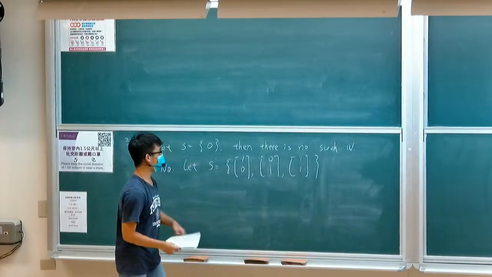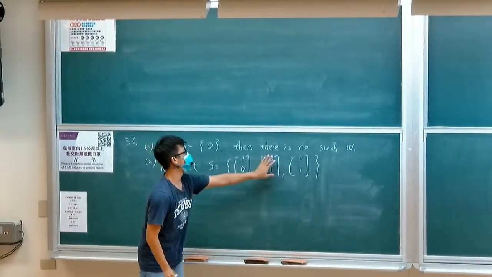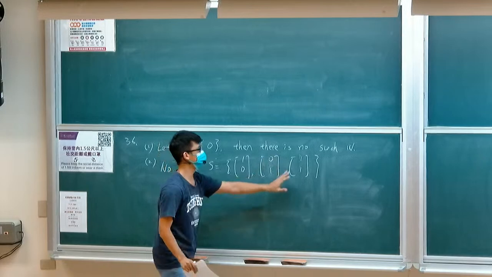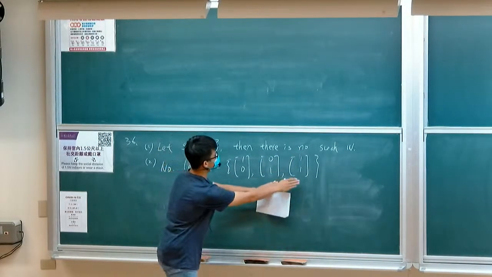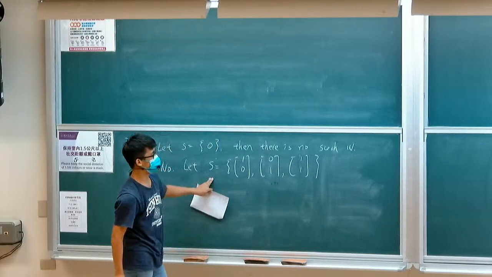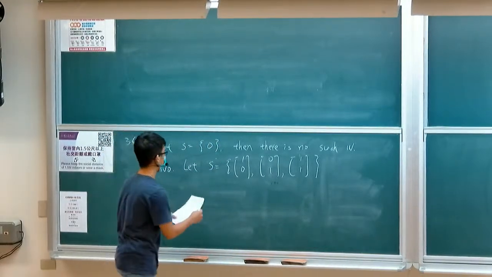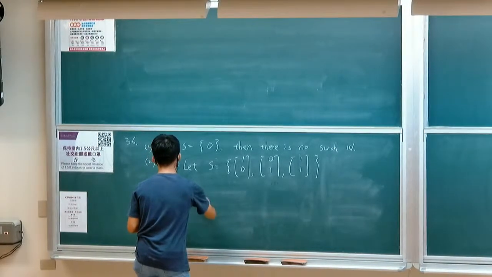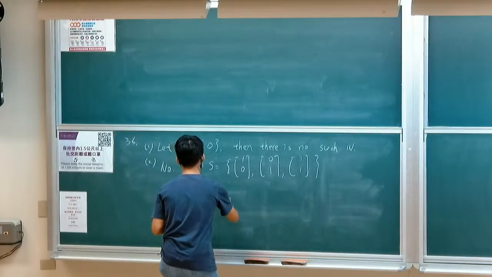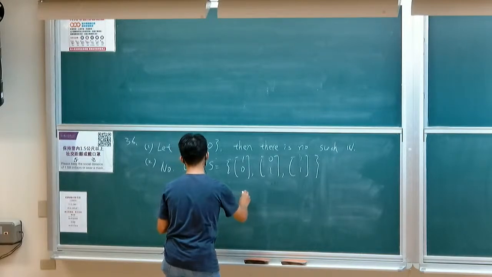We can see that if we take this vector out, then the span of S is still R2. If we take this out, the span of S is still R2. But if we take both of them out, the span of S will be smaller than R2.